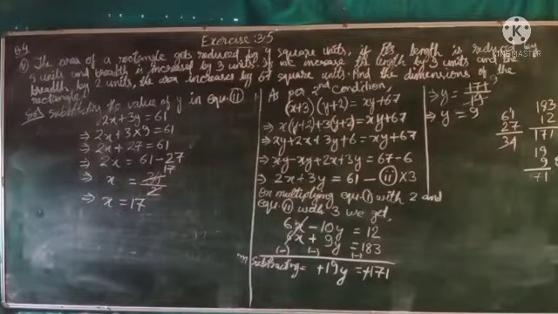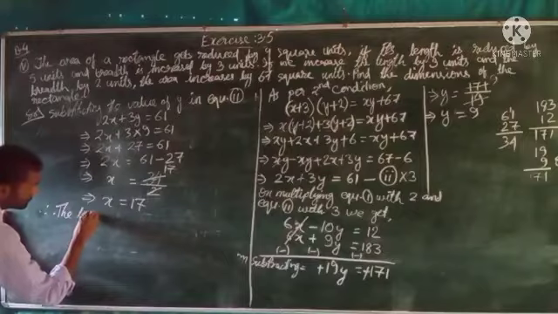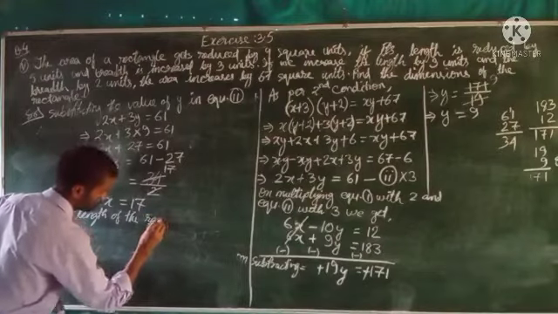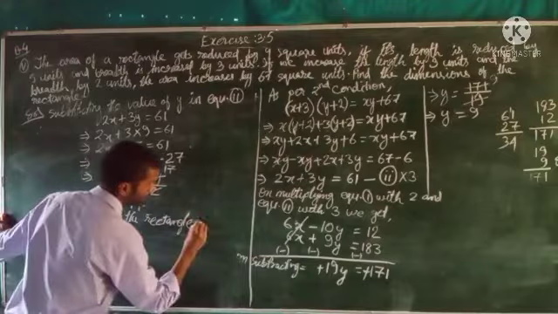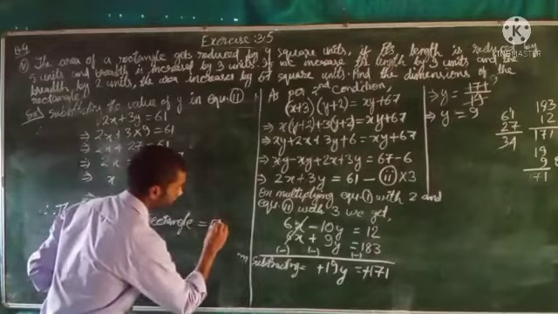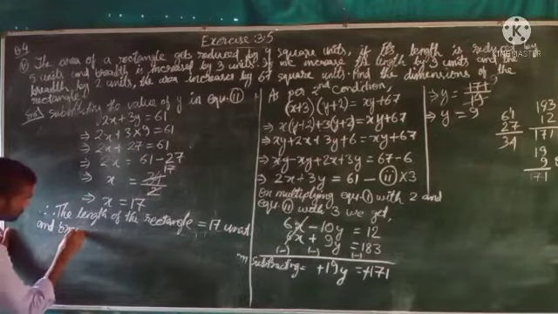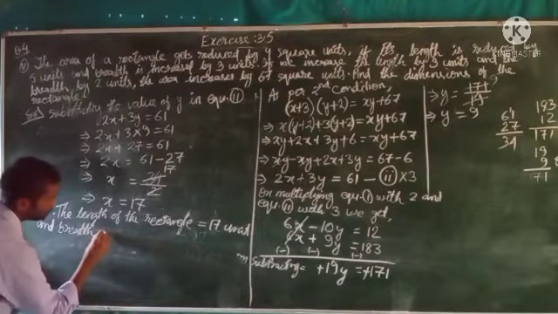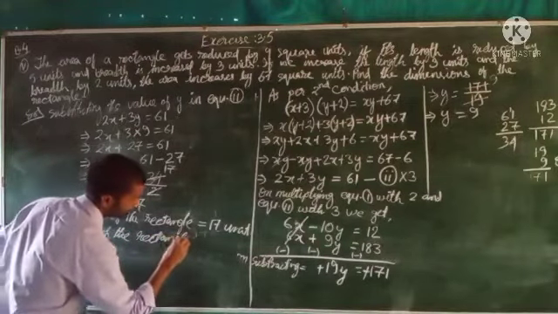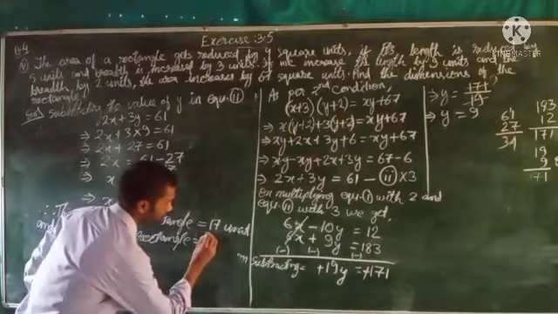So we got the value of x and y both. So we can write now, therefore the length of the rectangle is equal to, length we took as x unit, so we'll write here 17 units, and breadth of the rectangle is equal to, that is y value we got here is 9, so 9 units.